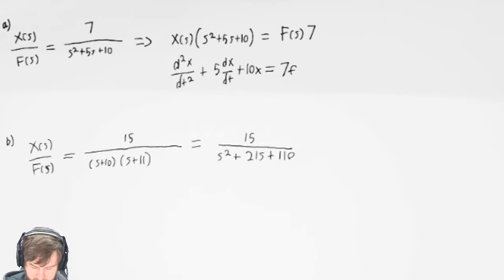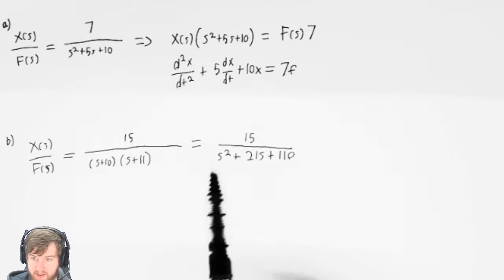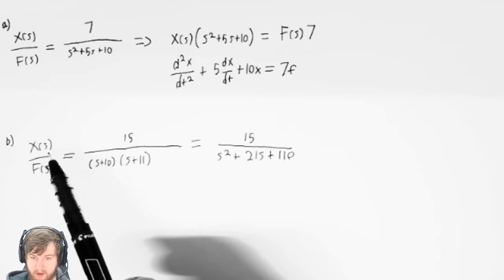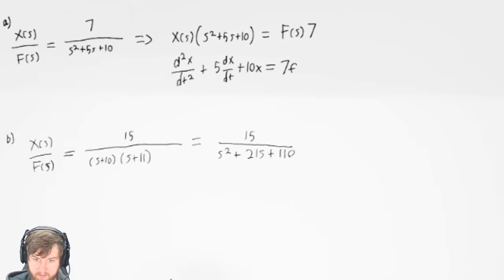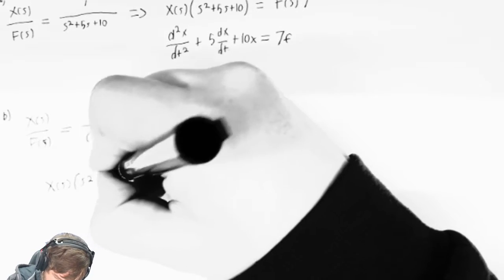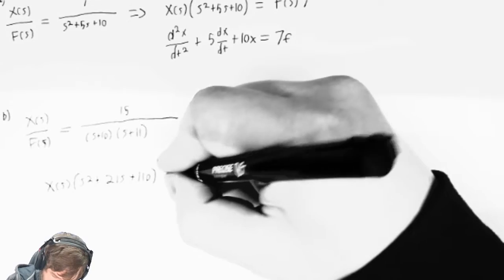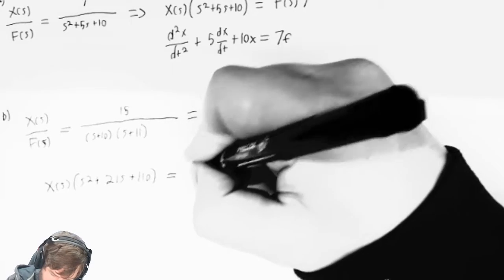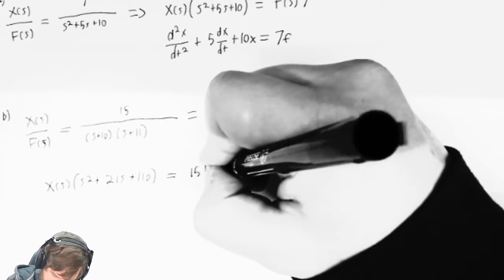Yeah, that's right. So then we can do the same thing and multiply out our x of s and our f of s. So what we end up with is x of s times s squared plus 21s plus 110, and that is equal to 15 f of s.